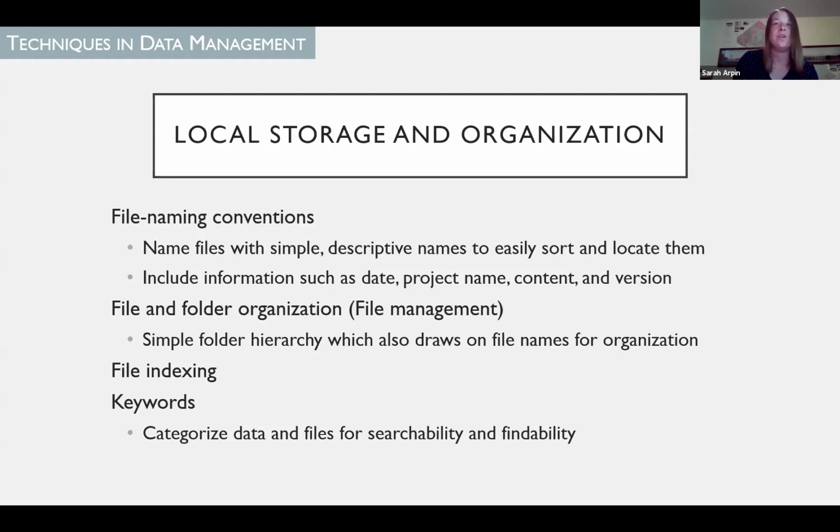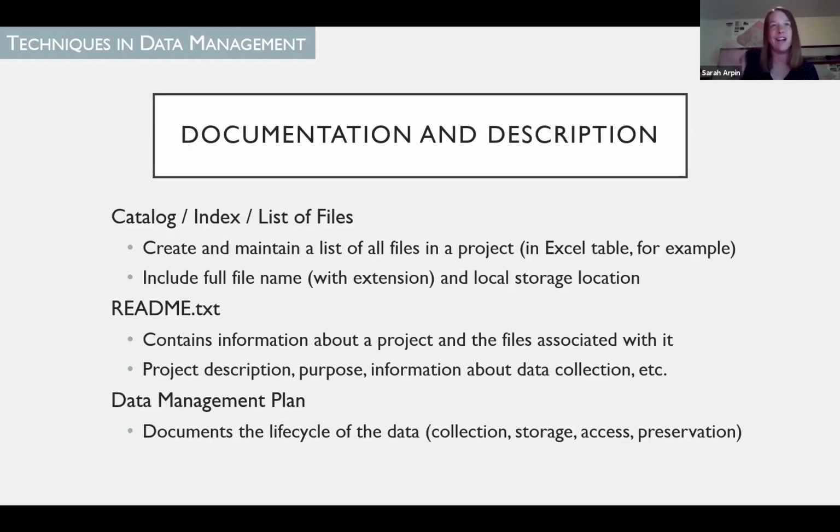Keywords as well. You can keyword files on your own computer. These are another type of metadata, and they just improve the searchability and findability. If you type that into your File Explorer window, it'll find any file that you've keyworded with those keywords. We have information on how to do that as well.